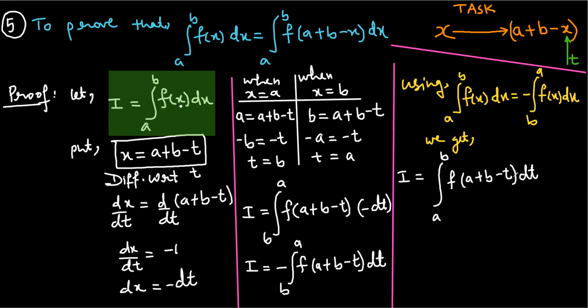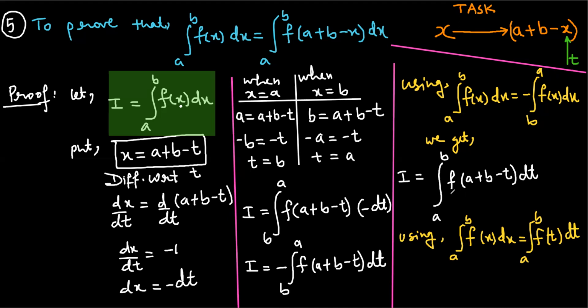Now it is time I change this t to x. And for that, I will use one more property, that is change of variable. And what is that property? The property says a to b f of x dx is equal to a to b f of t dt. That is, if you maintain the same interval and same function, changing the variable is allowed.